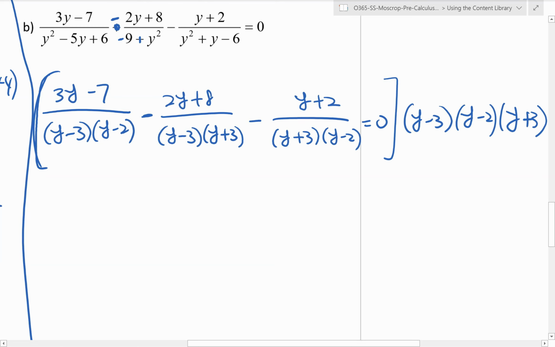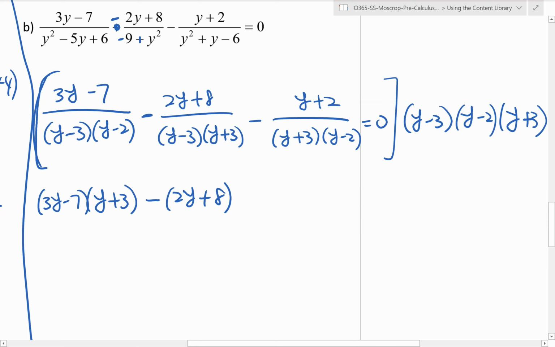Okay, so for the first fraction, you have y minus 3 here and y minus 2 there. What's missing here is y plus 3, so you need to multiply 3y minus 7 with y plus 3, minus 2y plus 8. This time you have both y plus 3 and y minus 3 here, so that means this will be left, right? Because these two will just cancel out.